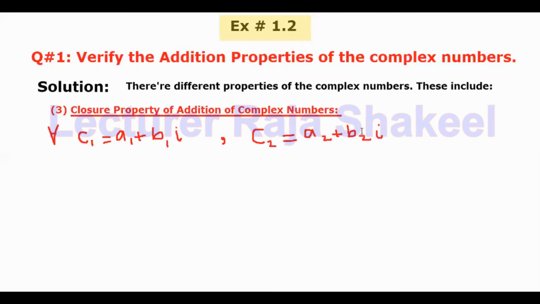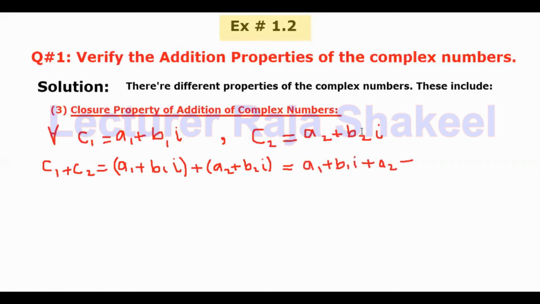So now we are going to add these numbers so that we can check whether the sum of these complex numbers is a complex number or not. So we have C1 plus C2, which is equal to A1 plus B1 iota plus A2 plus B2 iota, without brackets now.